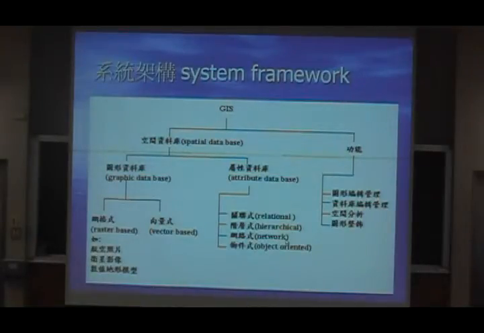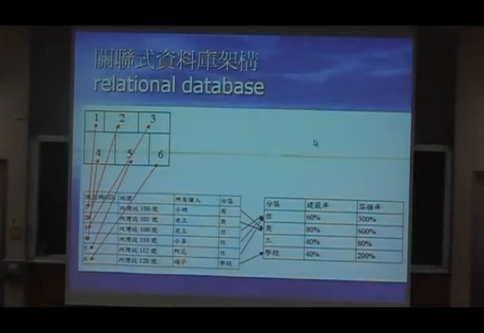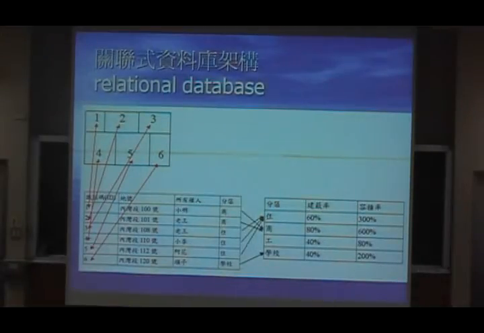Okay, what GIS software has, what kind of functions they have. Okay, here we mention a little bit about relational database. Although we have another class to fully discuss these structures, here I would like to talk a little about what is the relational database for the GIS.